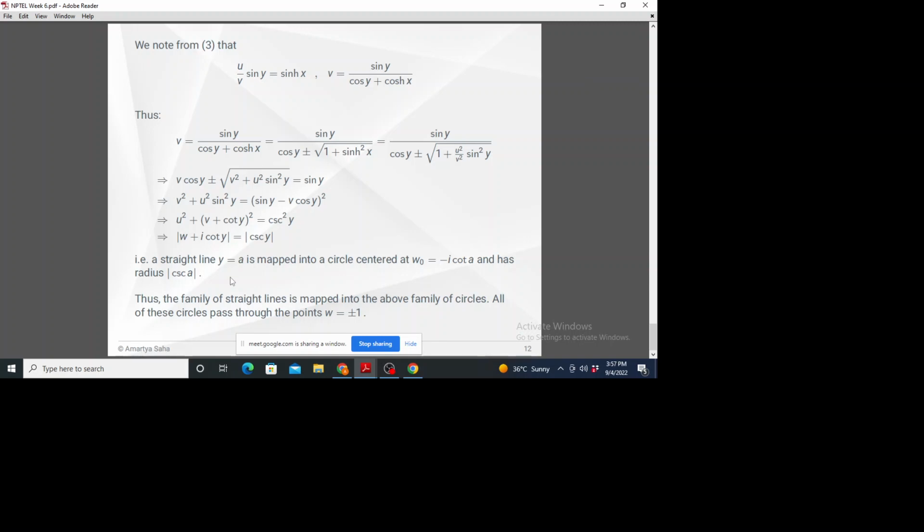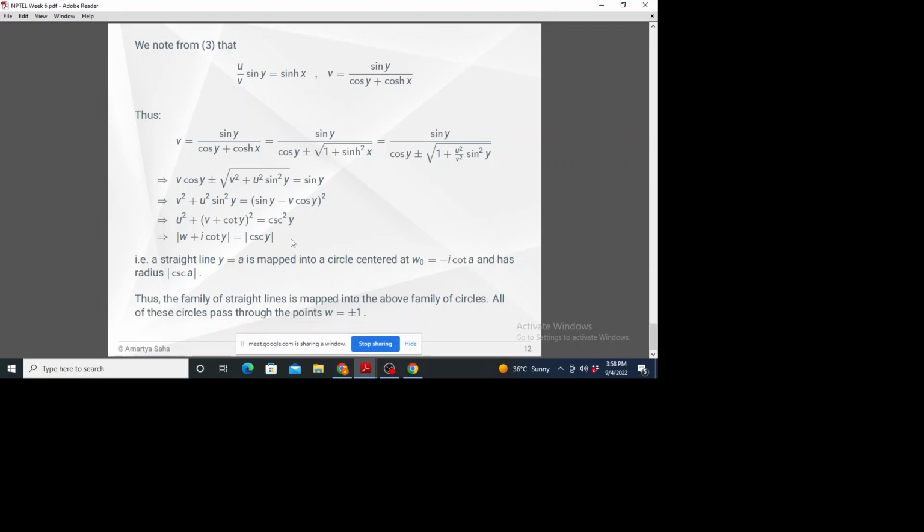For a defined value of a, we will have circles with defined radius as well as defined centers. So all in all, we get a family of circles. Thus the family of straight lines is mapped into another family of circles, and for defined a, we get defined circles.